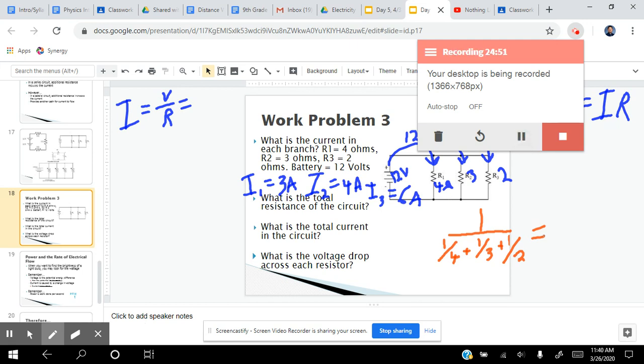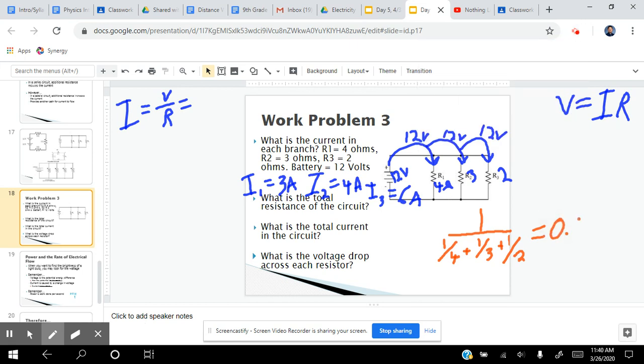All right, so hopefully you got 0.923 ohms. Okay, so that is your equivalent resistance. So that is the answer to this question right here. So equivalent resistance is 0.923 ohms. What is the total current in the circuit?